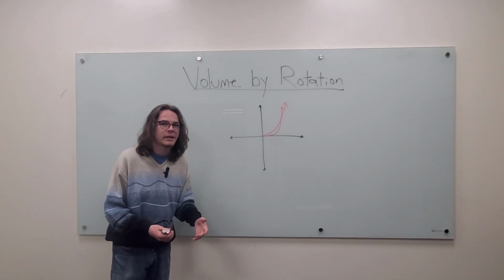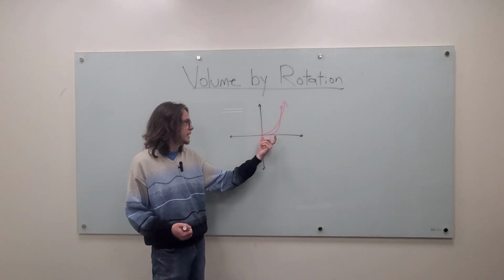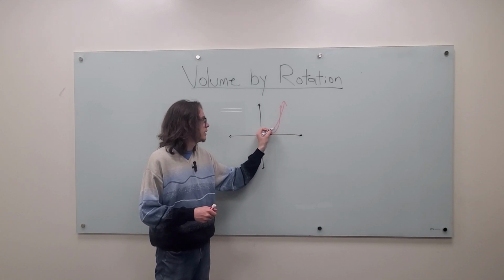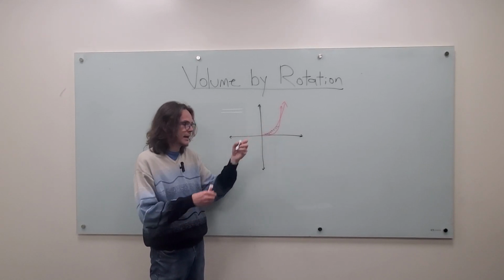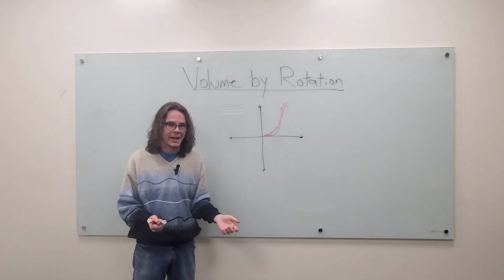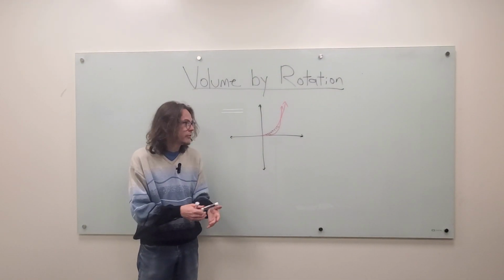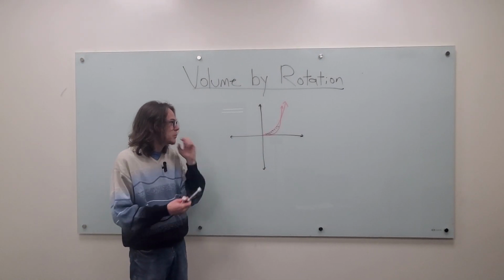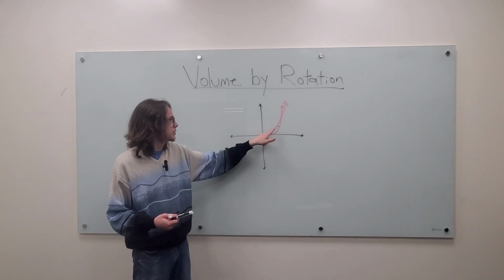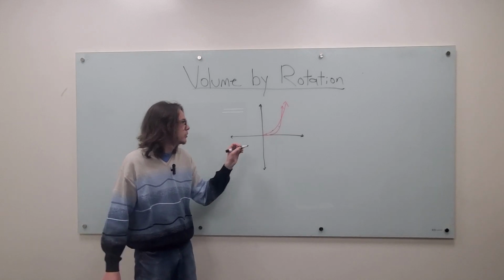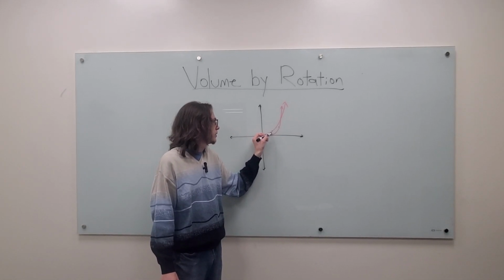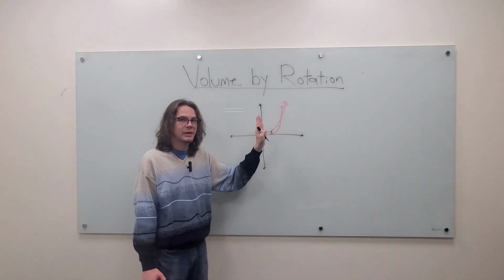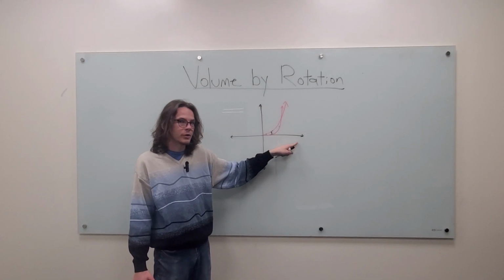But we know that if we take this area in between these two curves and we rotate it about the x-axis or the y-axis, as long as we rotate it about the axis, it's going to give us the volume of the figure when it's rotated about that axis, right? But what we have been doing so far is rotating these infinitely thin strips, these little rectangles right here, that are perpendicular to the axis we're revolving around.